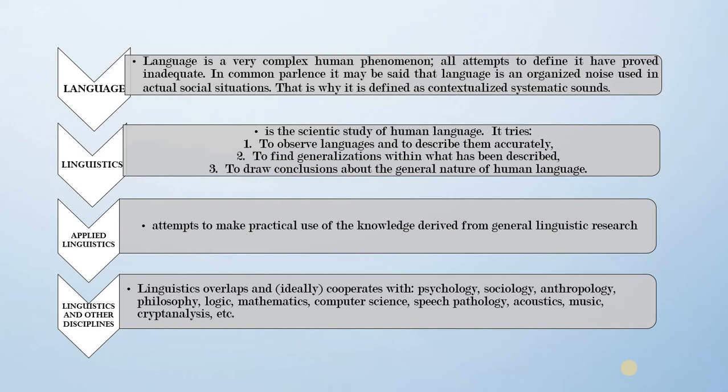So it is an organized noise used in actual social situations. It means that it is used in a society. That's why it is defined as contextualized systematic sounds. So the sounds are arranged systematically in a certain context to mean something.